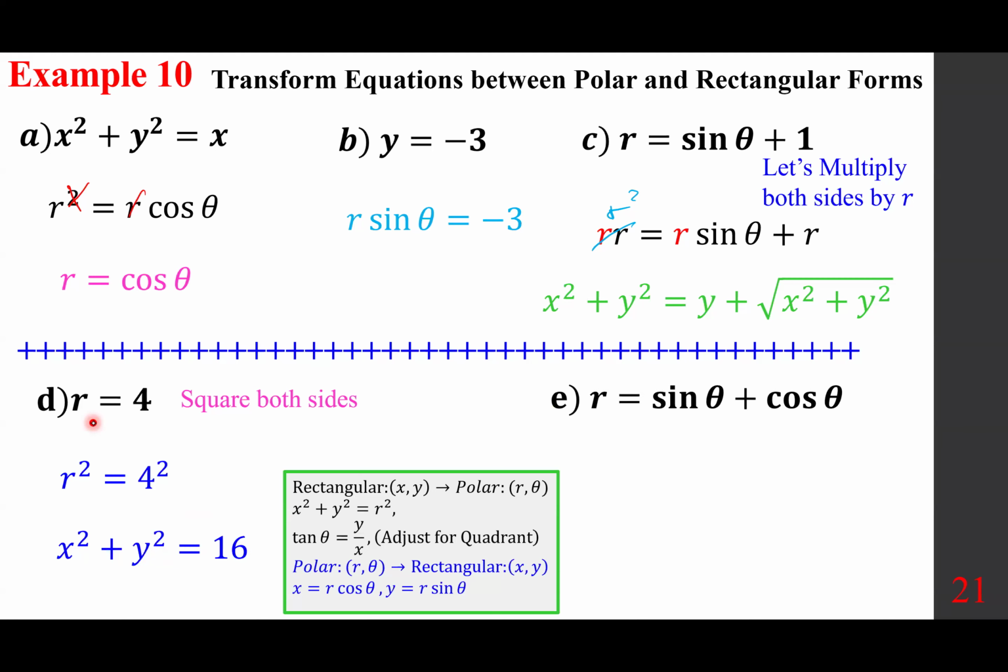R equals sine theta plus cosine theta. And I hope by now everybody knows the technique is whenever you have R and sine or R and cosine or both is to multiply both sides by R. That would be the technique, everybody.